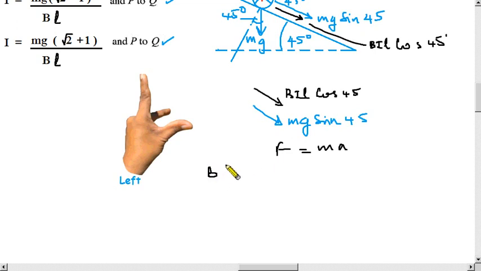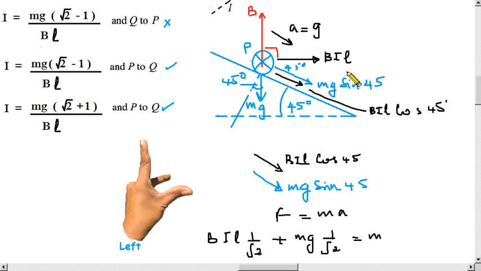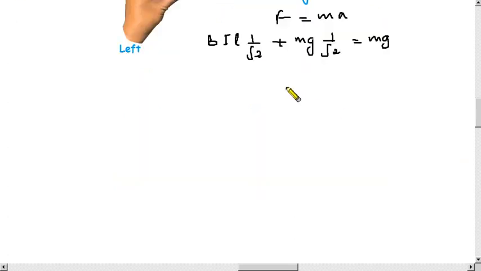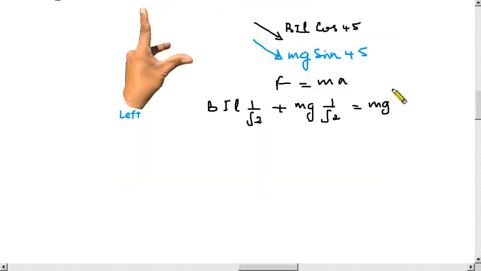So now we can use the total force in the F equals ma equation. BIL cos 45 means 1 over root 2, plus mg sin 45, again 1 over root 2, equals m a, where a equals g. In the question they say the acceleration should be equal to g downwards, and it is downwards because these forces are directed downwards.